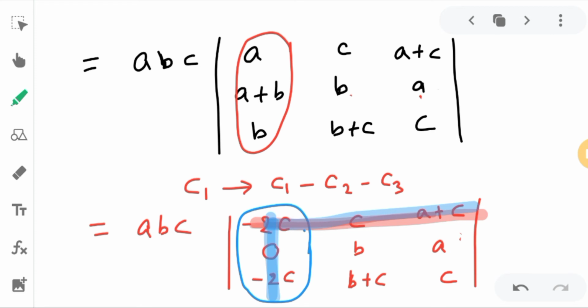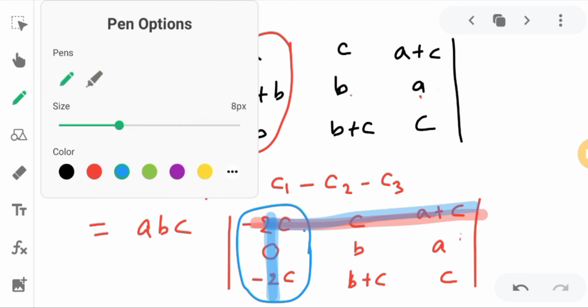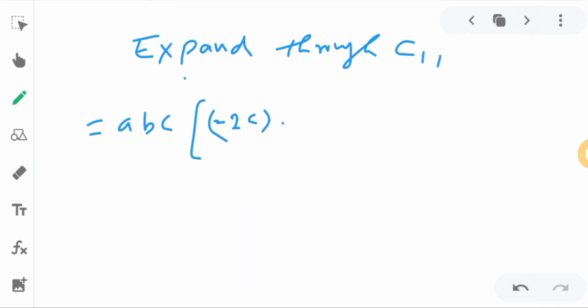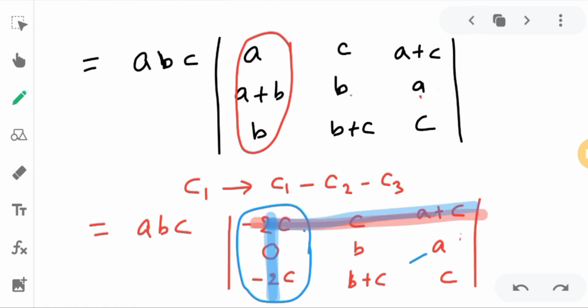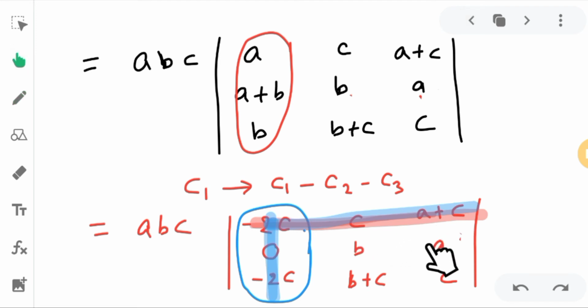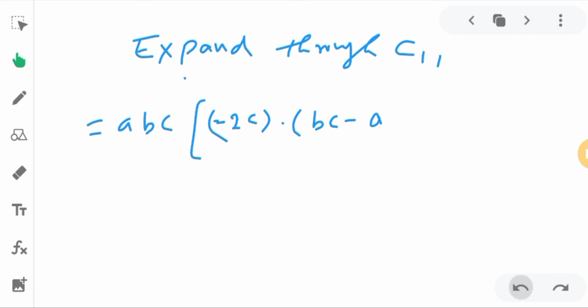The remaining elements will be B into C, BC, minus A into B plus C. So I can write it as BC minus AB minus AC.